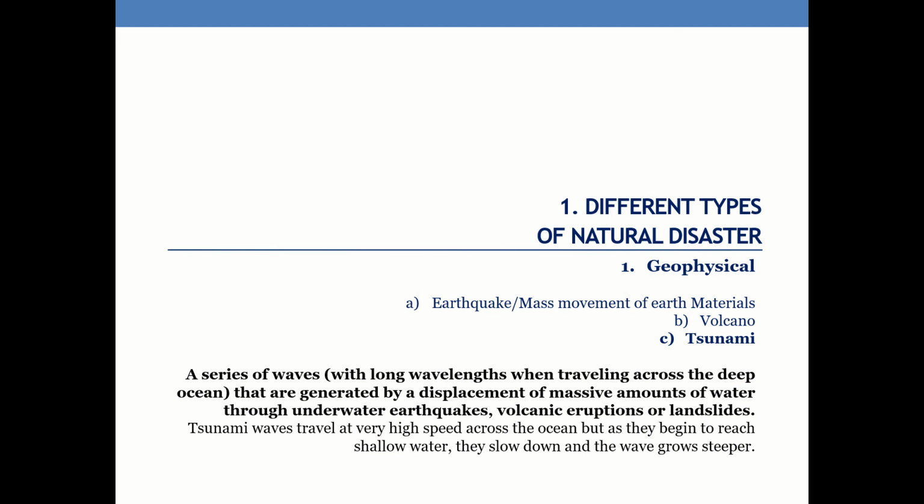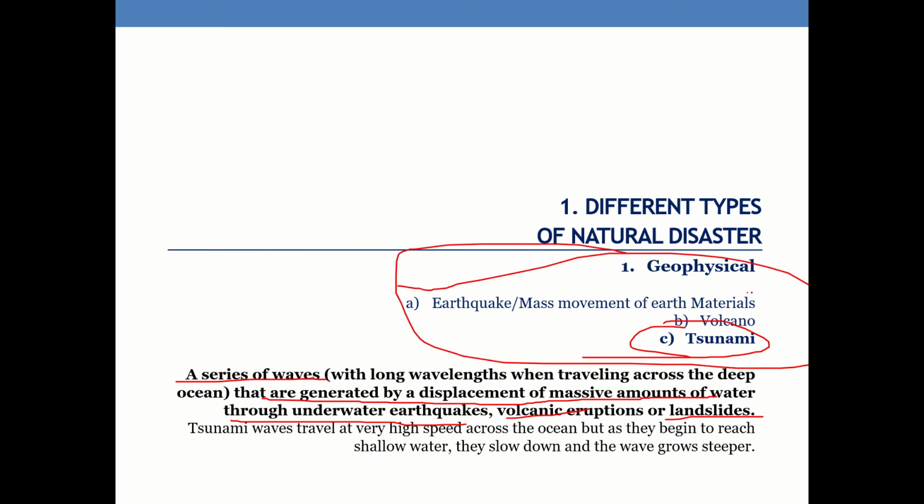The third type under geophysical natural disaster is tsunami, and we all know what a tsunami is. It is a series of waves generated by massive displacement of water through an underwater earthquake, or it can be because of volcanoes under the water, and it can be because of landslides as well. So under geophysical disaster, there are three major disasters put up here.